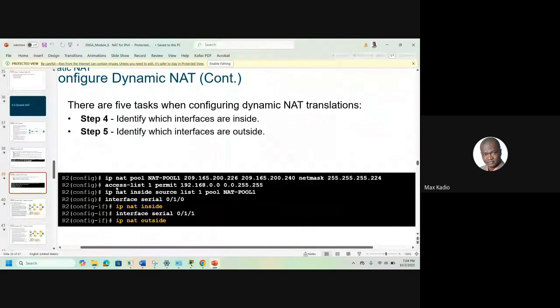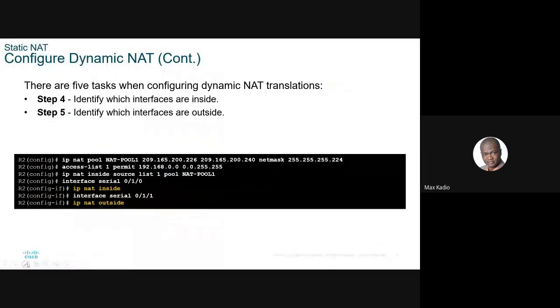So first thing first, you tell the router, I want everyone inside my network to go out. Now the second line, you tell your router, I have a pool or a number of public IPs that you can use. So IP NAT pool, then you give a name. In your question paper, they will tell you to give a name.